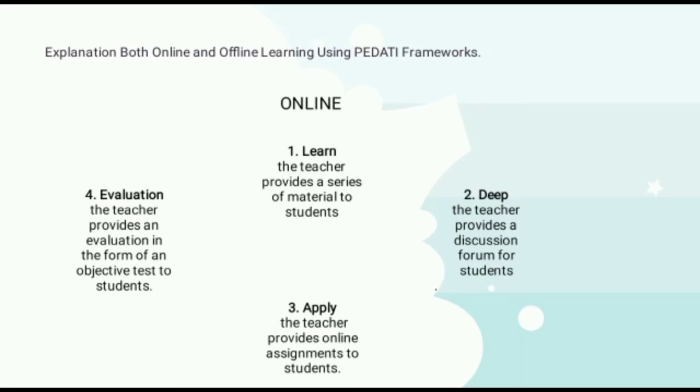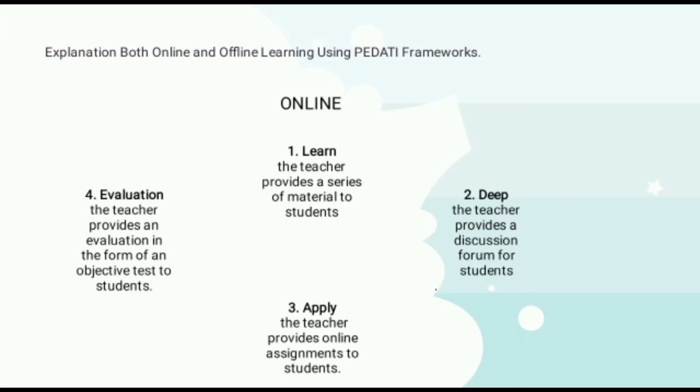The second step is the teacher or lecturer provides a discussion forum. Here, the teacher or lecturer provides a discussion forum by asking them questions. Then, each of them will issue an opinion or argument to answer questions from their teacher or lecturer, and occasionally respond to opinions or arguments from friends.